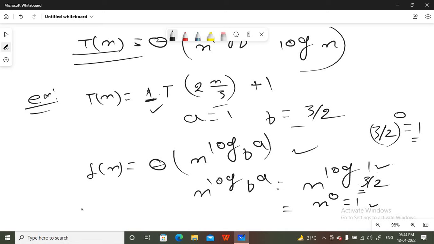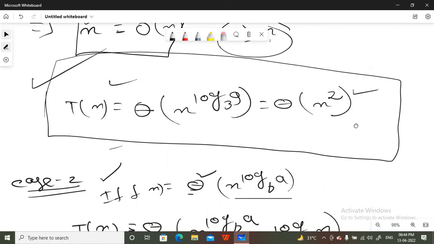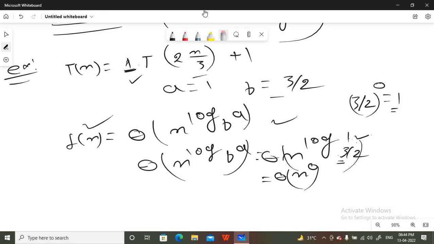So what was actually our f of n? What was our equation? The f of n equals 1 here. So it is theta of 1. Let me write it in a better way: f of n equals 1 equals theta of 1.